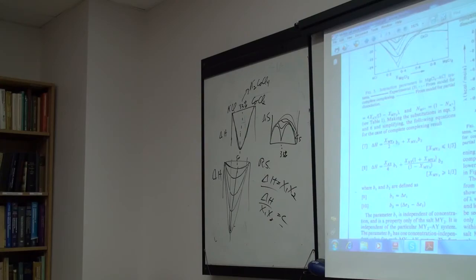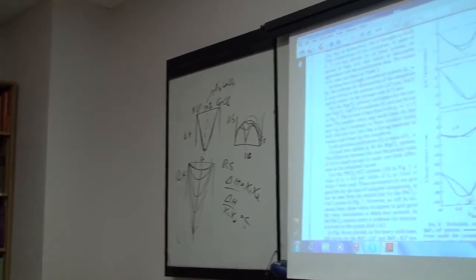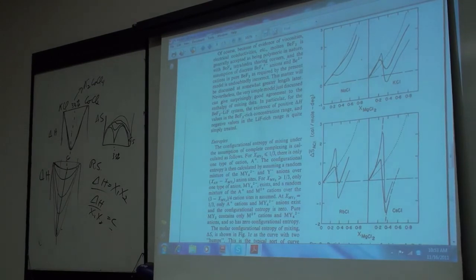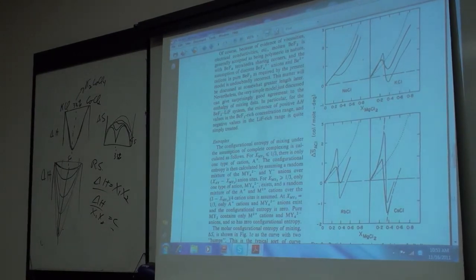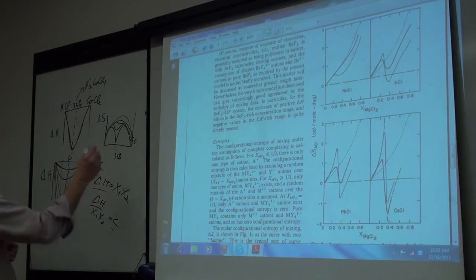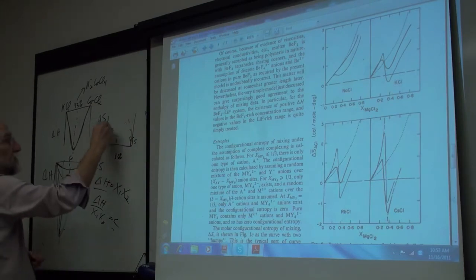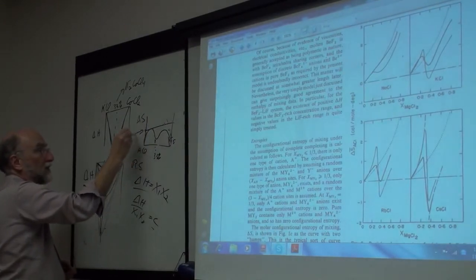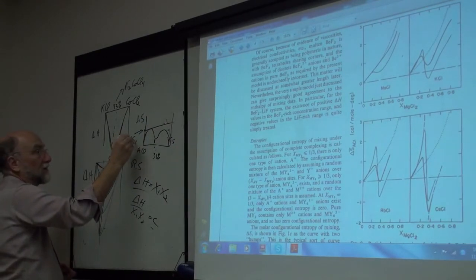I don't actually show an entropy peak here, but this is actually measured. These are entropies in this cobalt and magnesium system. This was the partial entropy of alkali chloride. If your entropy curve looks like this, then this point here is the partial entropy of ACl.